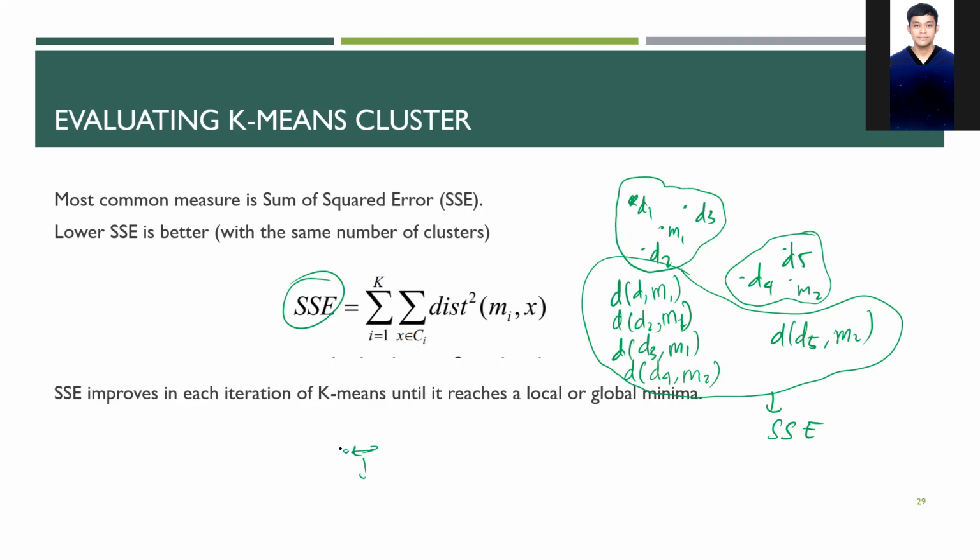For example, data 1 and data 2 are most similar if they are very close to each other. So the SSE will be low if the data are very close to each other. So SSE is the total distance between each data point and its cluster centroid.